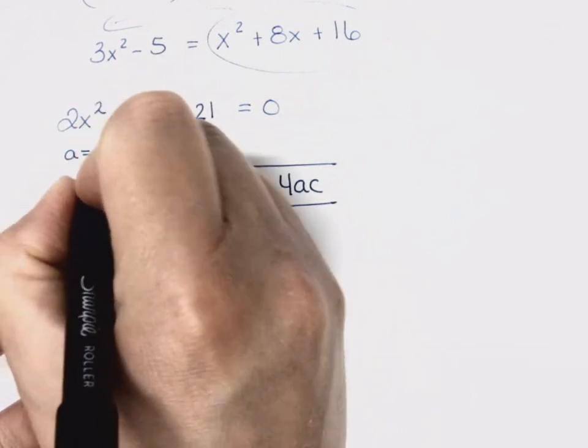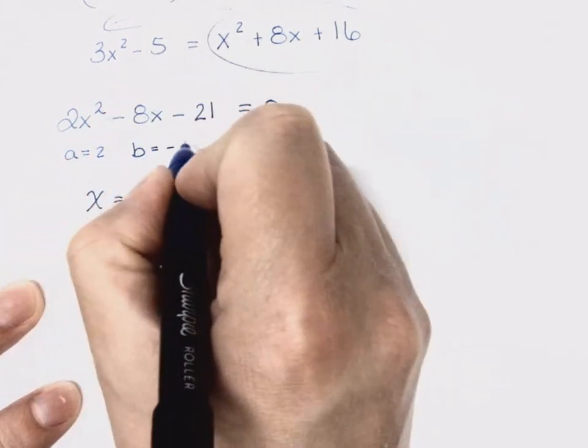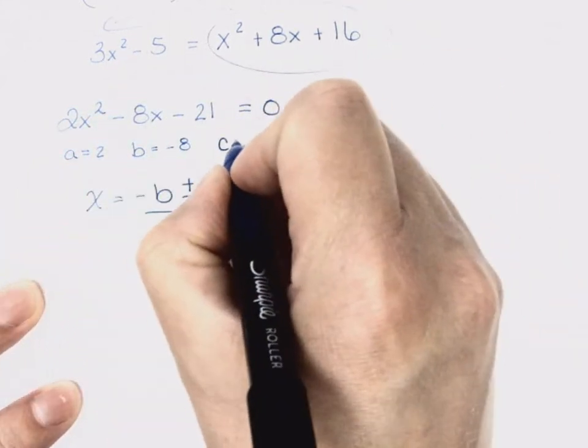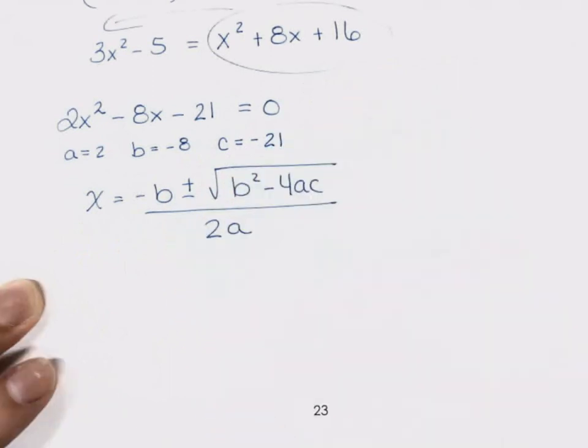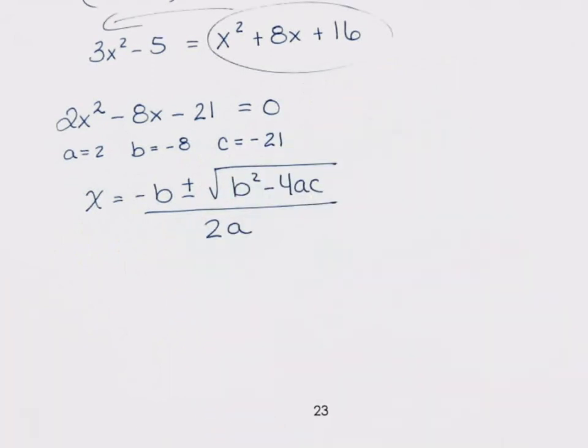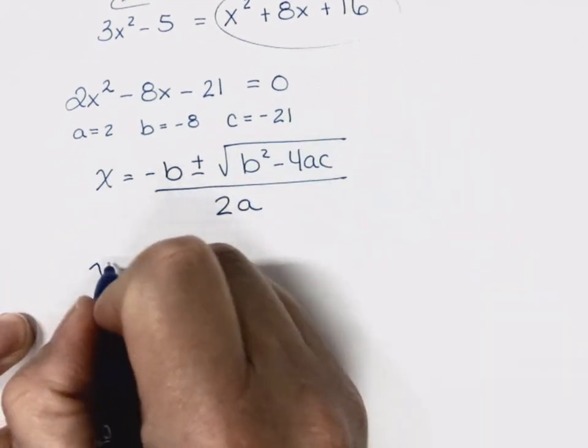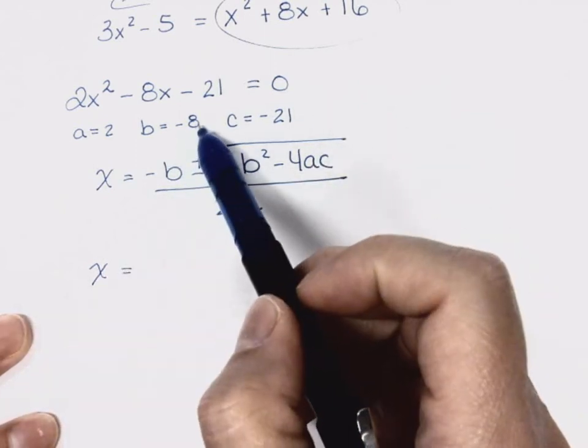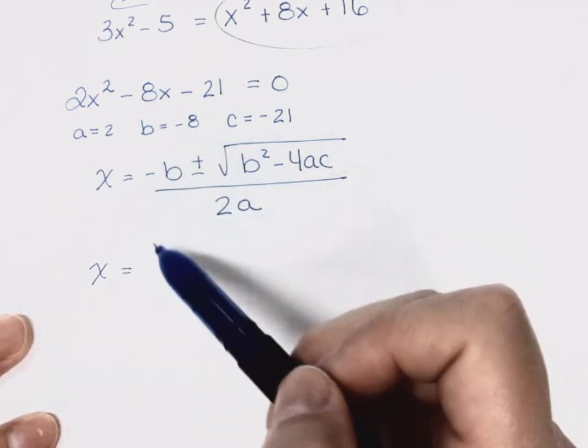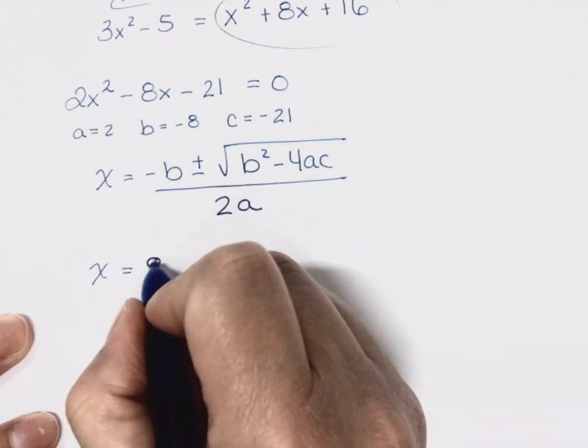So it might help you if you're remembering things. So that first term, if I have a negative 8 and it's a negative b, what does it become? Positive.